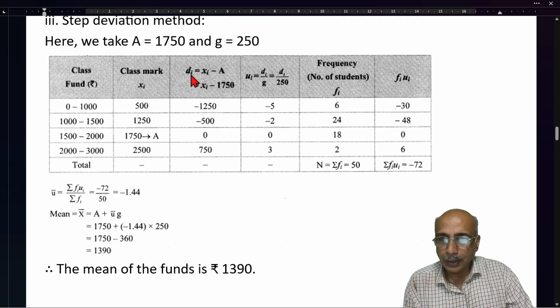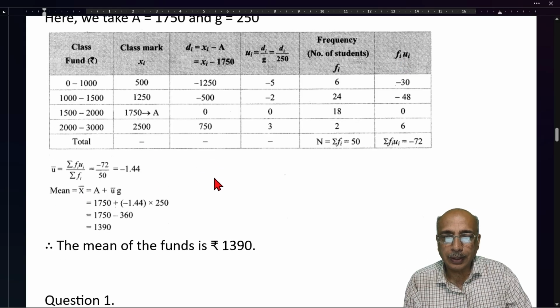And in the step deviation method you have to take class interval, class mark, di, ui, that is di upon g, g being the common factor of the class interval. And frequency fi, then fi ui. Here it is on the screen itself.